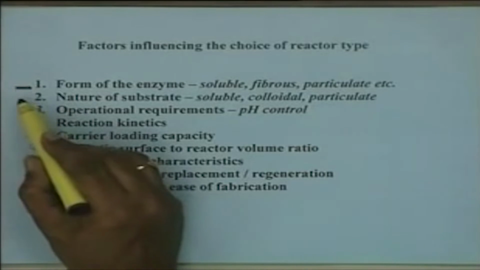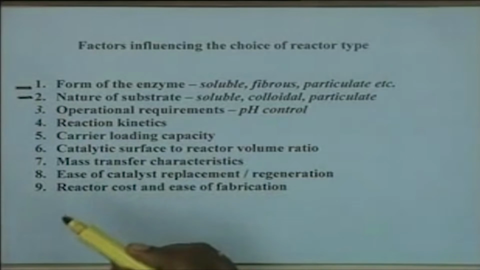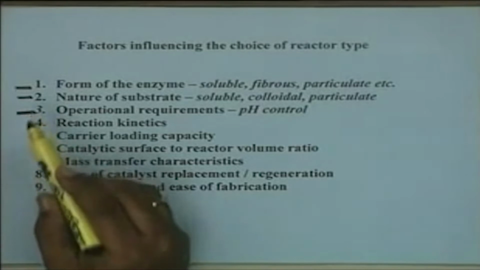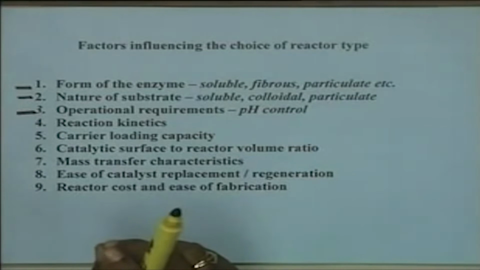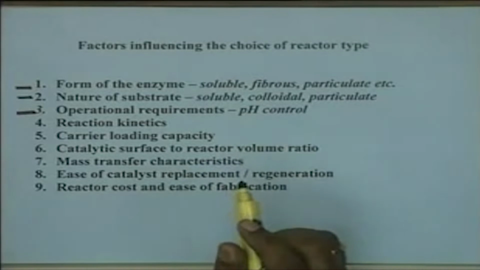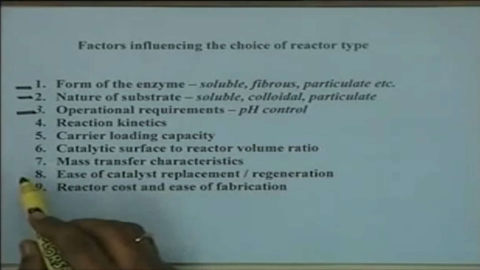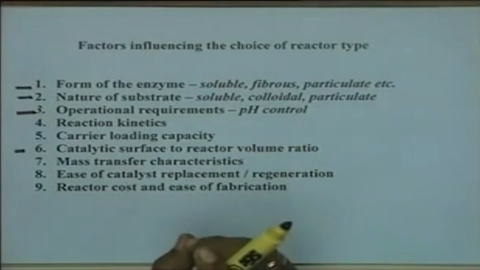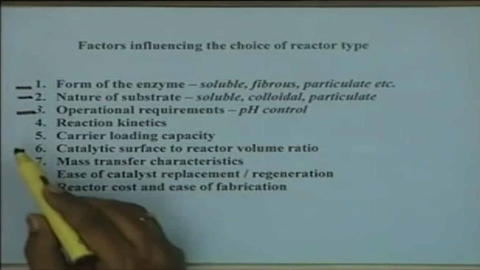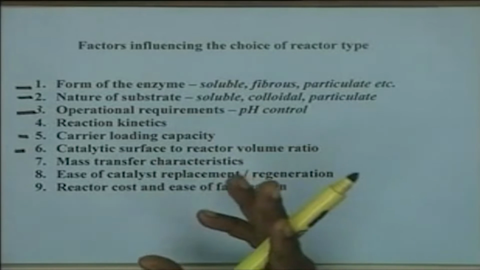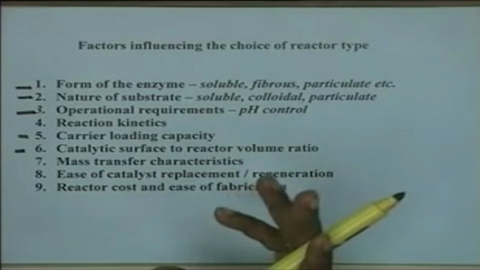The nature of the substrate is also fixed, I mean, once the enzymatic reaction is defined, the nature of substrate is fixed. The operational requirement is also fixed depending upon the nature of the enzyme catalyzed reaction, whether an acid is produced or consumed, and pH control is a requirement. Similarly, the catalytic surface to volume ratio is also fixed once an immobilized enzyme preparation is available. The carrier loading capacity also depends on the bulk density of the immobilized enzyme preparation and things like that.